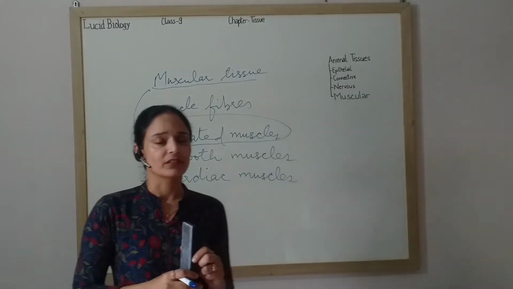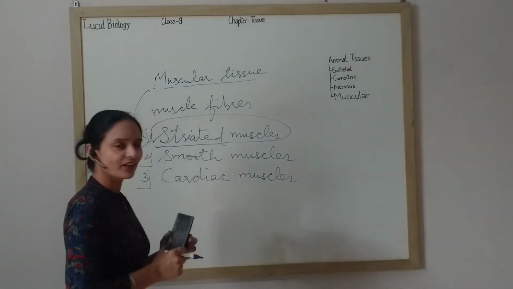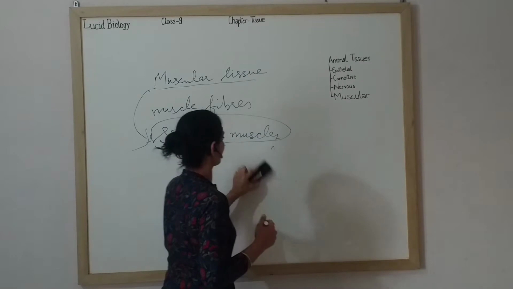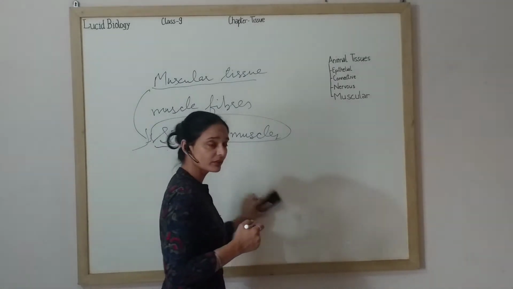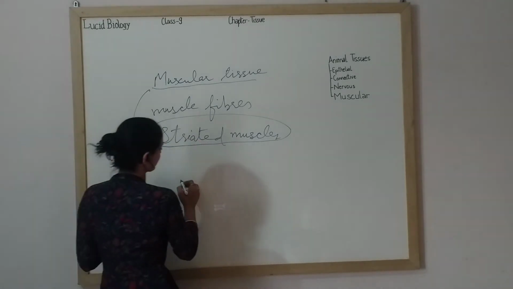See, striated muscle, as the name suggests, it is striped. Now, what do you mean by that? First of all, look at the structure. See, I'm going to make striated muscle. Just have a look at the structure, at the diagram, then you will understand why we call it striated muscle.